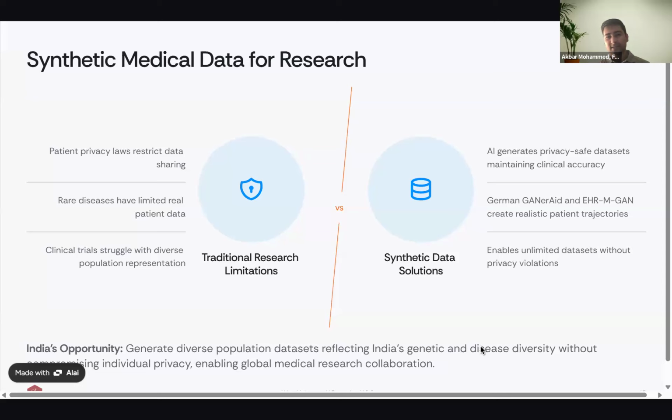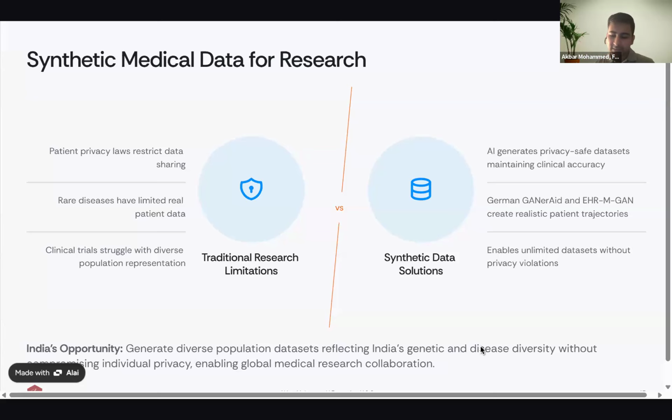So while this is good for the individual, it also limits the amount of research and analytics you can do. For example, if there's a small subset of people that have a rare disease, it is difficult to share learnings because you can't share that individual's data unless they give you permission. That was a challenge earlier.